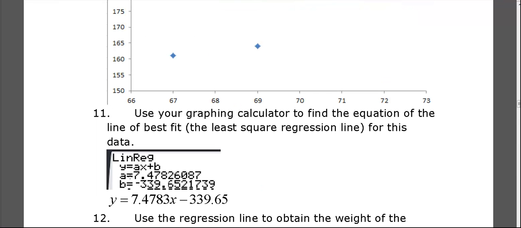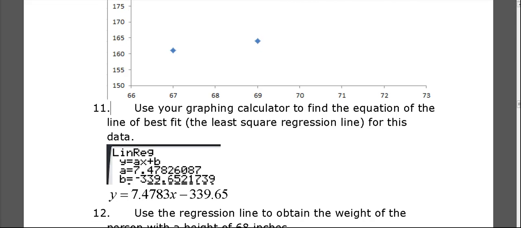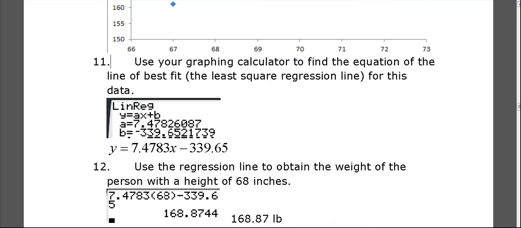So once we do that, let's go ahead and write the equation. Comparing this, that the line is y equals ax plus b, we can write it down that the equation is y equals 7.4783x, I just rounded it here, minus 339.65. Then it asks us to use the regression line to obtain the weight of a person with the height of 68 inches.